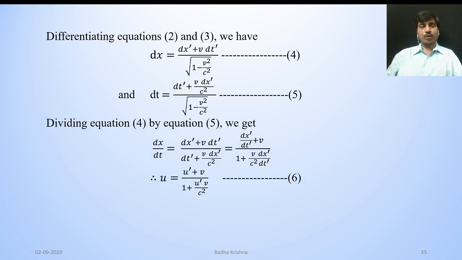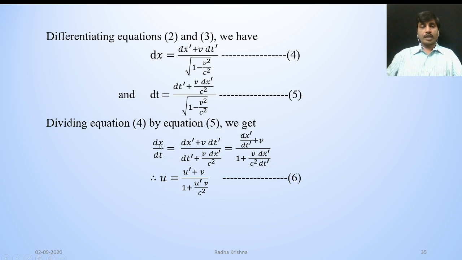Dividing equation 4 by equation 5, we get dx by dt is equal to dx dash plus v dt dash by dt dash plus v dx dash by c square. Dividing numerator and denominator by dt dash, we get dx dash by dt dash plus v, whole by 1 plus v by c square into dx dash by dt dash.